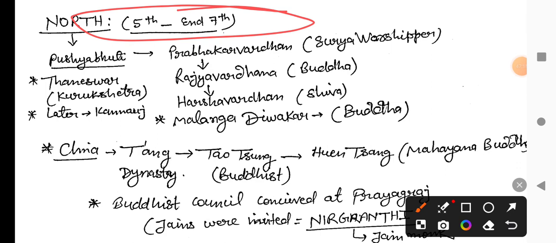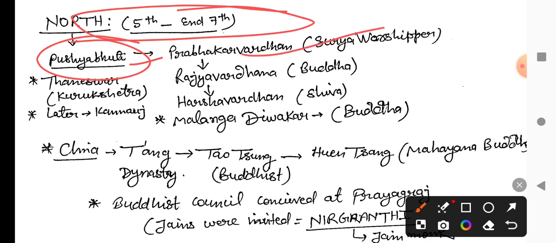So Pushyabhuti, that means the Harshavardhana period, we are going to discuss. Okay, Prabhakar Vardhana was the prominent ruler of the Pushyabhuti and the founder of the Pushyabhuti dynasty, and he was a Surya worshipper.